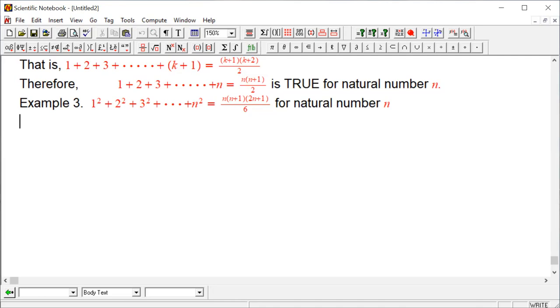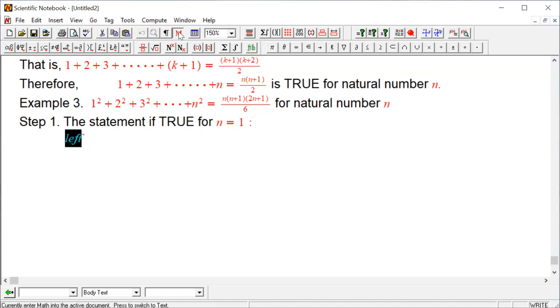The first one, of course, is step 1. We're going to prove it's true for n equals 1. Step 1: the statement is true for n equals 1. Is it true, right? So then you just show the reader the left-hand side.